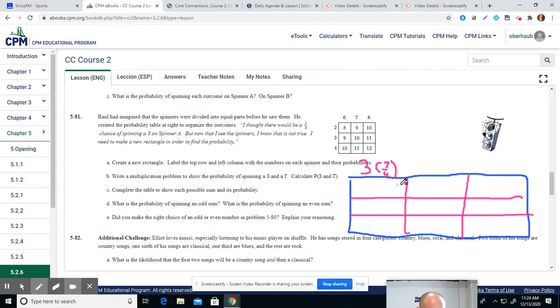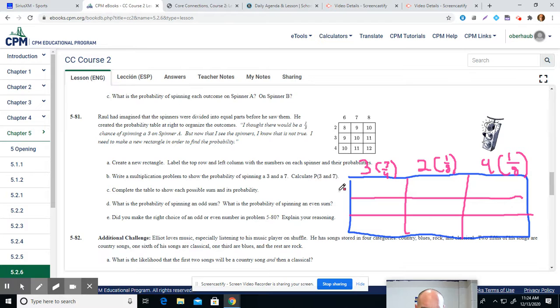On that same spinner, I had a 2 with a 1/8 chance, and of spinning a 4, I also had a 1/8 chance. Those numbers come from the previous question. Remember, these two made up 25% of the spinner, so we split them in half, which would be an eighth and an eighth, which is 2/8, the same as 1/4.